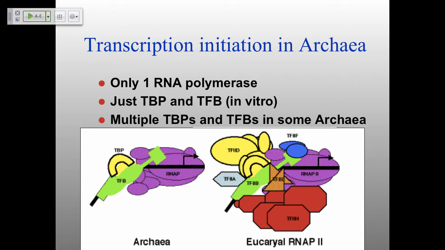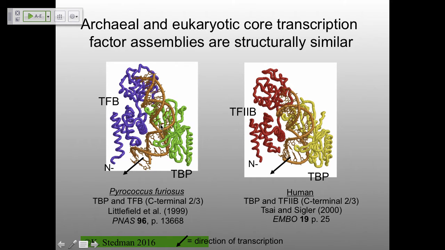Since we just talked about the specific DNA binding properties of TFIIB and TFIID, and TFB and TBP are those equivalents, these also bind to slightly different sequences. And so by having a different sequence and a different general transcription factor, you can direct the polymerase to a different promoter.